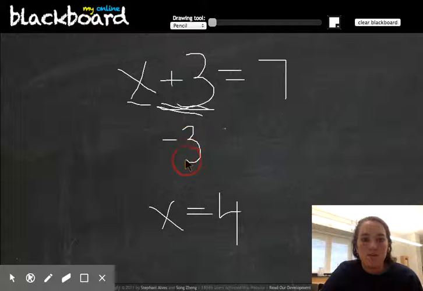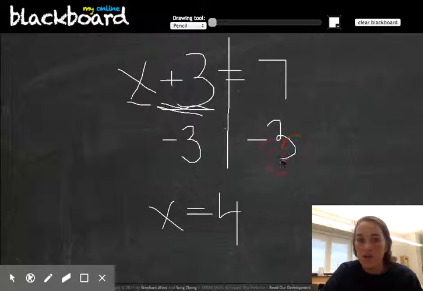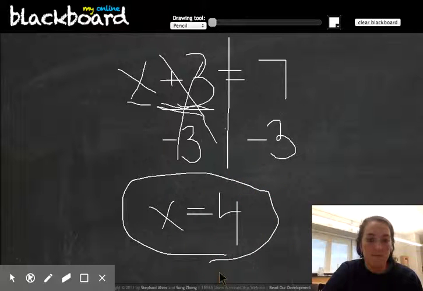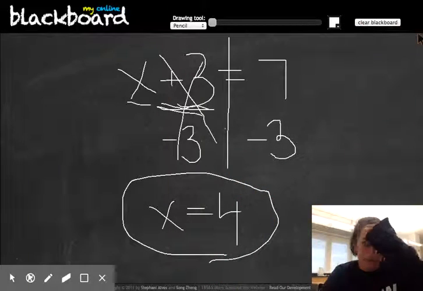So you can subtract 3. But can I just subtract 3 over here? No, whatever I do to one side of the equation, I have to do to the other in order to keep it balanced. So if I subtract 3 on both sides, I'll have 7 minus 3. And on this side, these 3's will cancel out, and I'll just have x. So I'll end up with x equals 4, which we already know from our model is our solution.